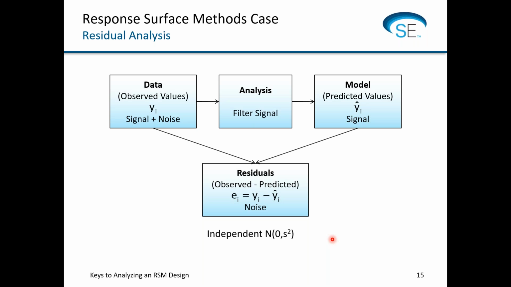That's absolutely wrong. In order to use ANOVA, the residuals need to be approximately normally distributed. And if they're not, then we can do things like a data transformation. But the raw data itself does not need to be normal.